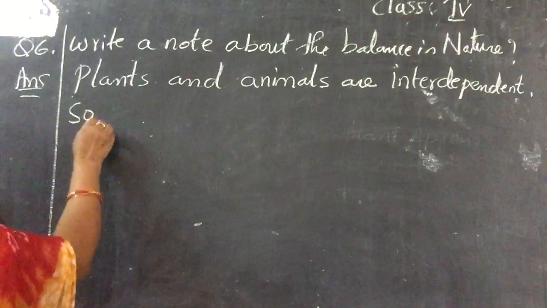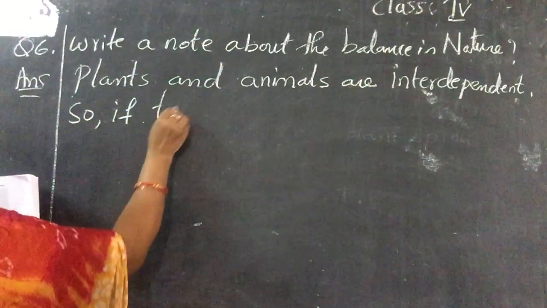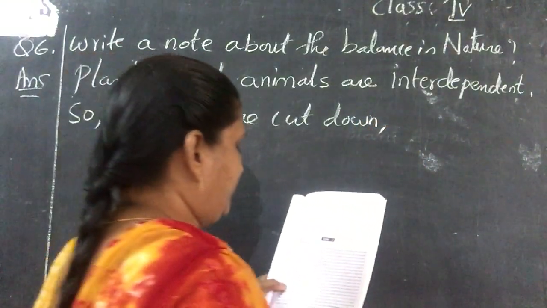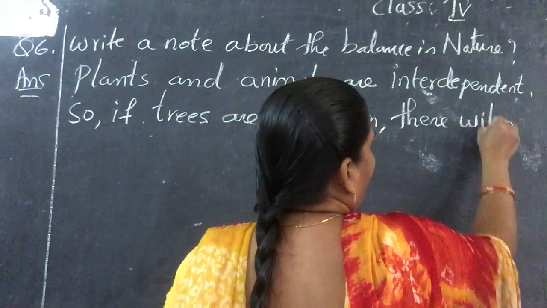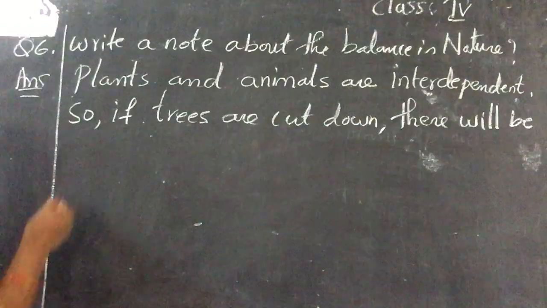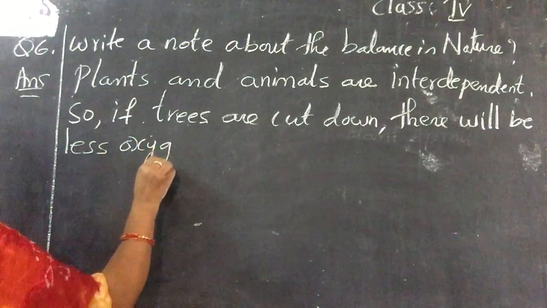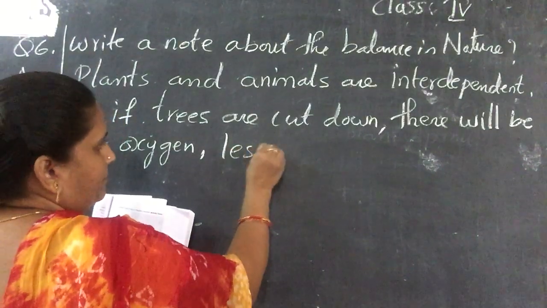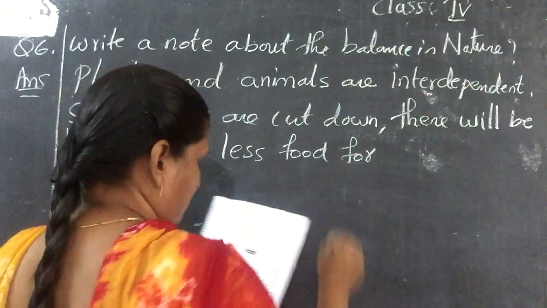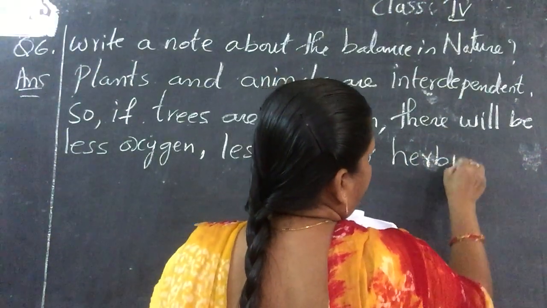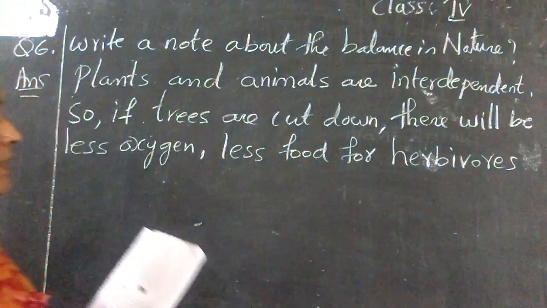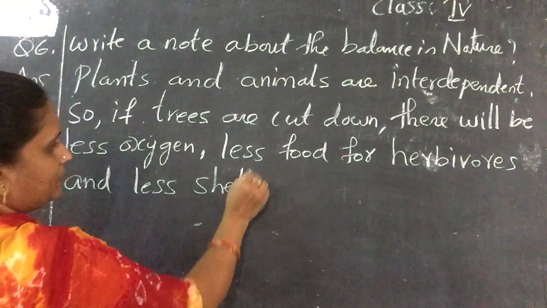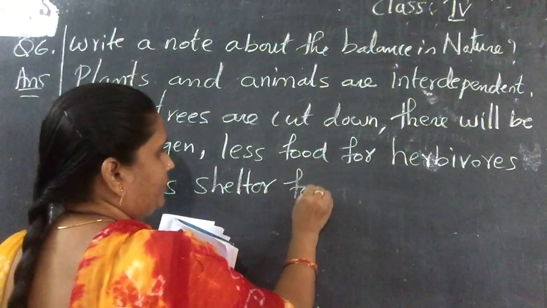So, if trees are cut down, there will be less oxygen, less food for herbivores and less shelter for animals.